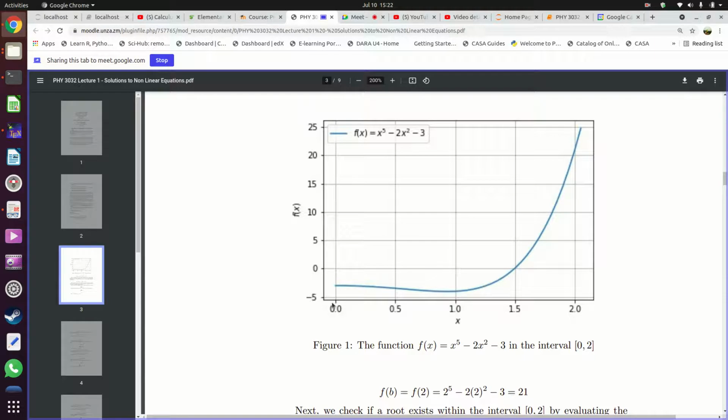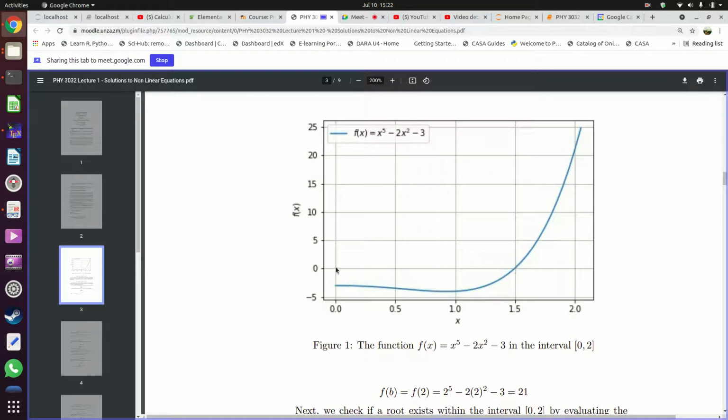Here, between 0 and 2, we can see that the answer actually exists somewhere close to 1.5. The reason why we can see that is because the curve comes and cuts the x-axis. So you have to make sure that the function is able to cut the x-axis within the interval you've chosen.